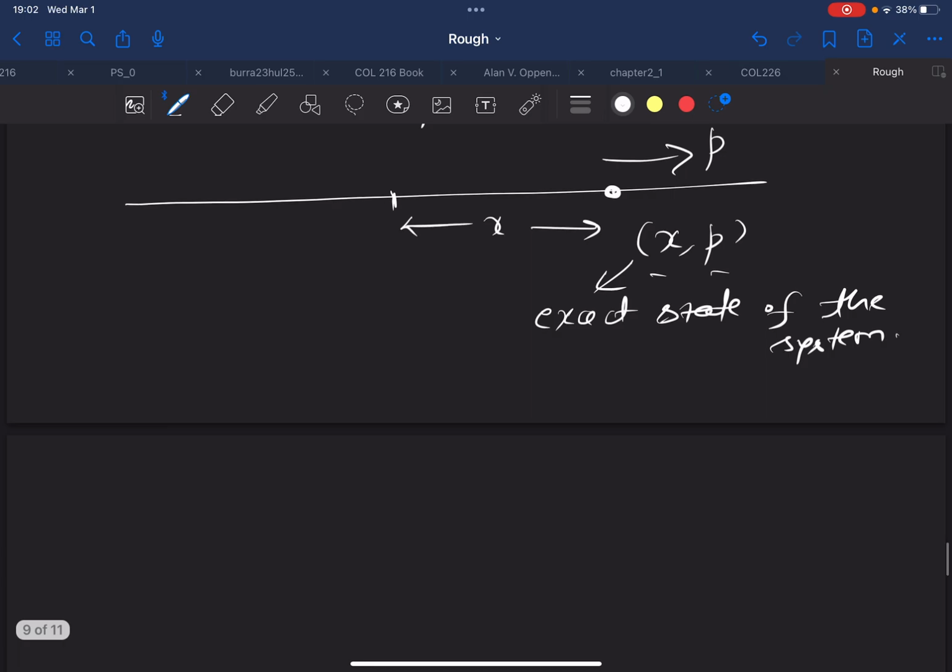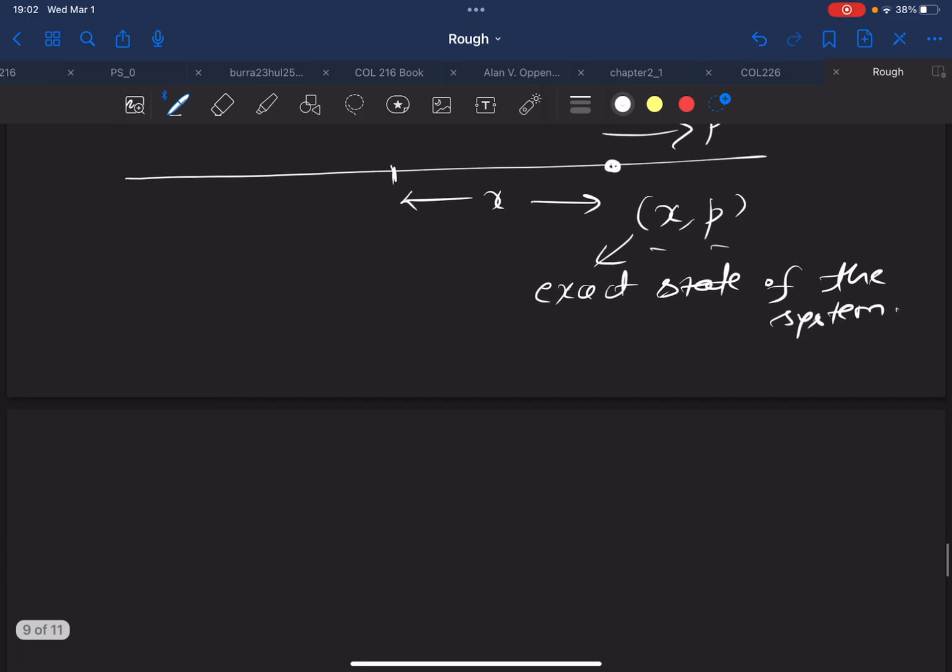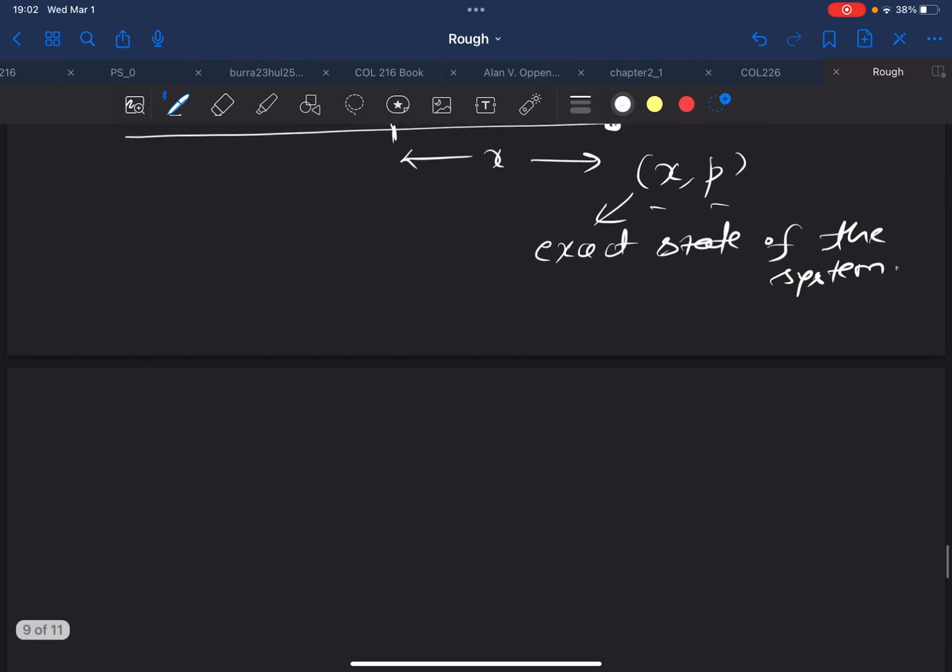Now we need to understand how we are going to represent this state in terms of the vector notation that is being used in quantum mechanics. For that, we introduce the concept of Ket spaces. To represent a state in quantum mechanics, we use this Ket vector notation.